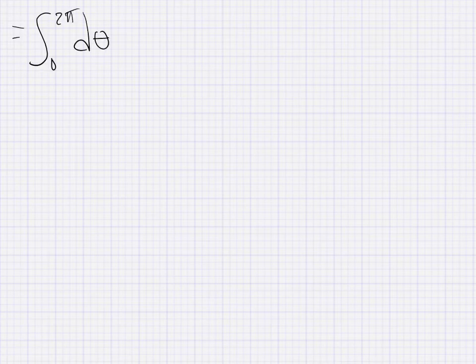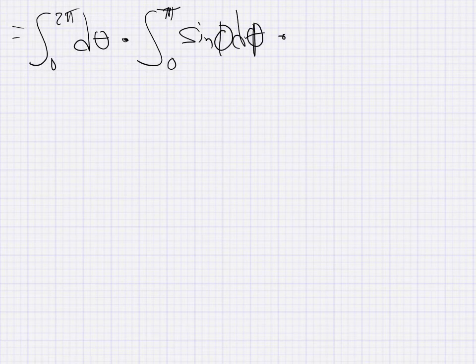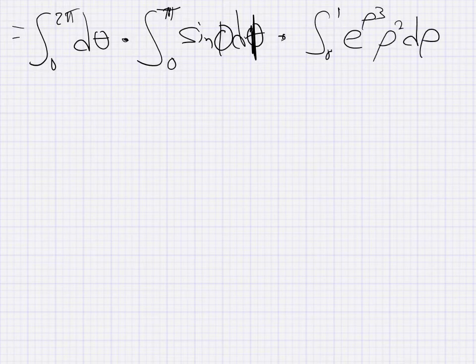The 3 integrals we're going to split this into would be the integral from 0 to 2 pi of d theta, because there was no theta function, times the integral from 0 to pi of sine phi d phi, and times the integral from 0 to 1 of e to the rho cubed times rho squared d rho.